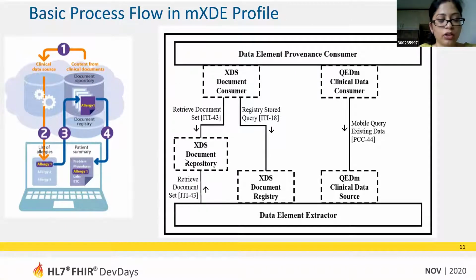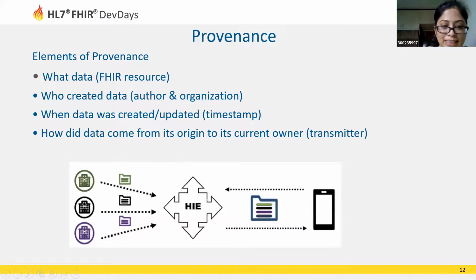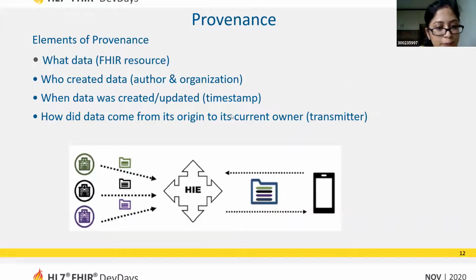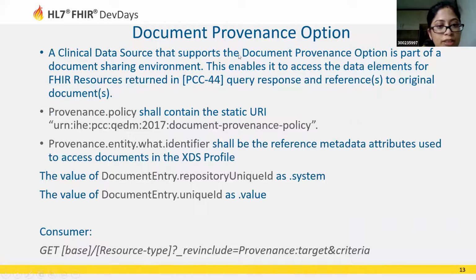Okay, so a little bit on the provenance. As we know, provenance indicates the source of data, when the data was created, and from where, and what is the source and the owner of the data. So from this profile's perspective, how did we leverage the document provenance?